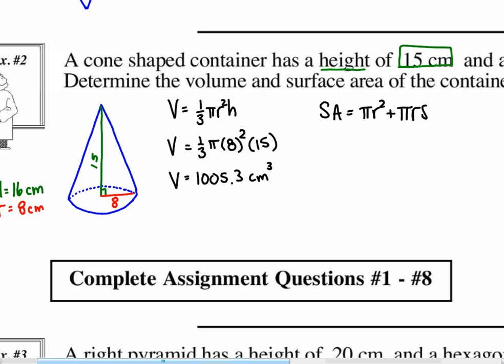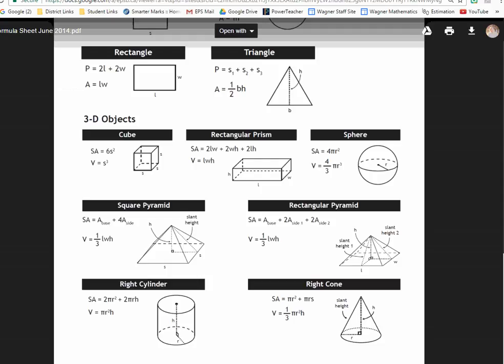So the circle part is the pi r squared. If you actually have your formula sheet, you might want to write on it. This is the circle, the pi r squared. The bottom part is pi r squared, and the side is the pi r s. So that you know, if I don't need the circle base, I'm only going to use pi r s.